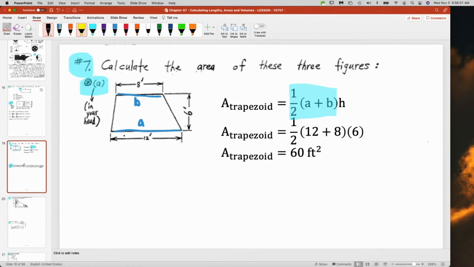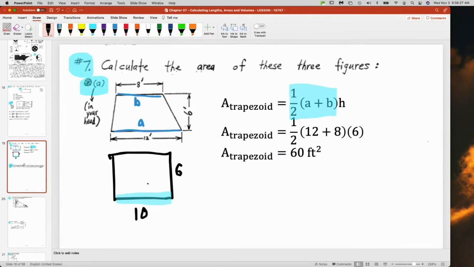So effectively, what you're doing is turning this shape into a rectangle. This thing that I highlighted in blue, if you clean it up, it's 10. You're averaging the two upper and lower lengths into a single length. So this shape has the same area as a rectangle that is 10 by 6.